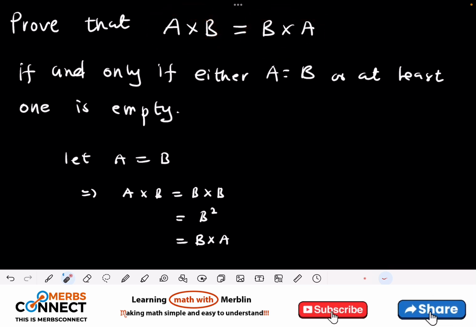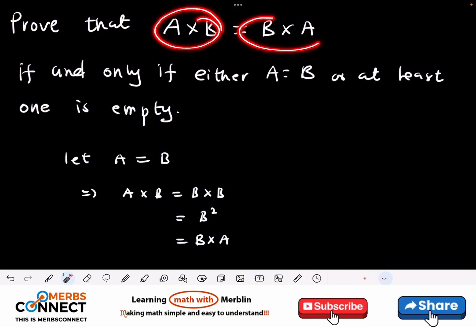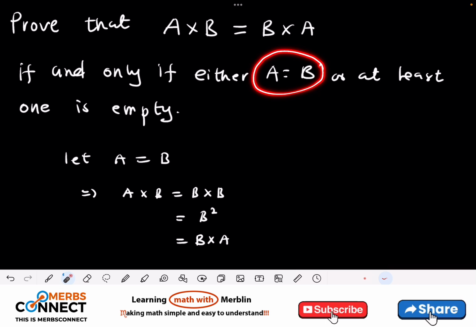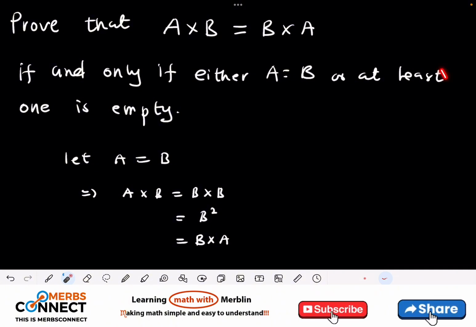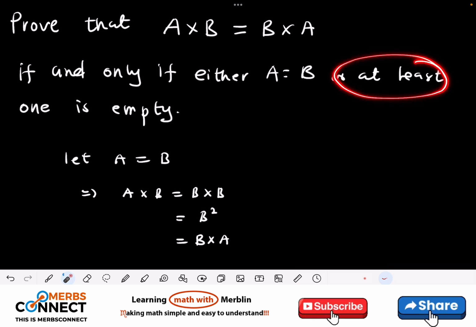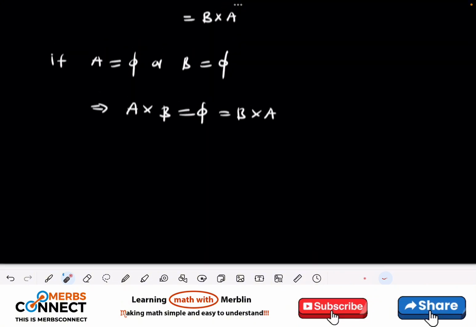Because we know that the only way that we can say that this and this are the same is when either this is the same as this or one of them is empty. So now we are going to assume that none of the values A and B is empty. And we want to prove that if none of them is empty, then indeed A and B should be what? The same. So let's go through the process and see.